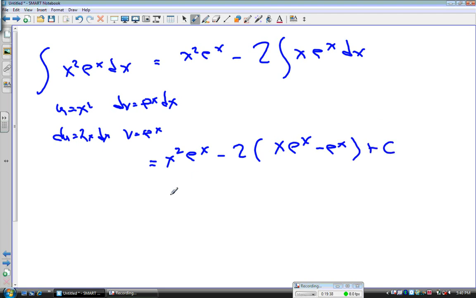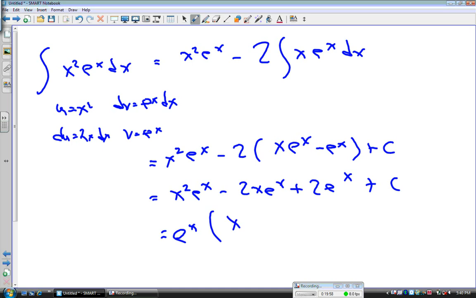And that's an answer, but if you distribute the 2, that's an answer too, but a lot of times people like to factor out the e to the x when this happens, so you get e to the x times the following: x squared minus 2x plus 2.